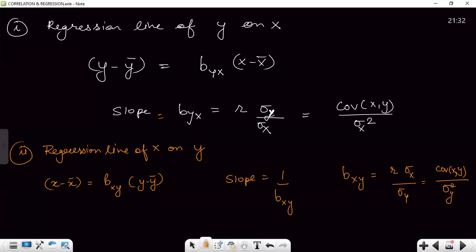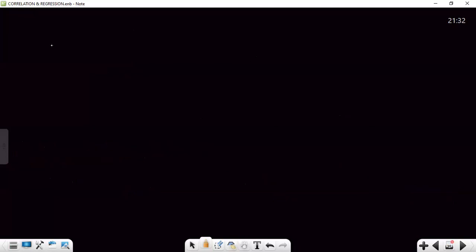Now there are a lot of questions based on r. Remember, r is the correlation coefficient. There's an important property, the sign. I'm talking about the positive or negative sign.